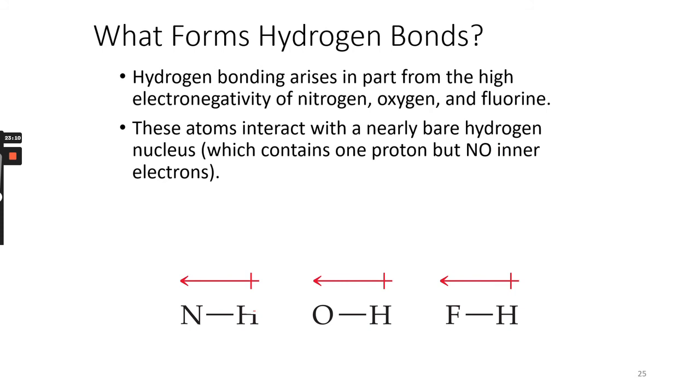So you see here, your electron is going to spend a lot of time around your electronegative element. I always like to illustrate it like this: imagine your electron traveling. It's spending most of its time here, so it is negative a lot of the time, maybe 90% of the time. So that's why you get a very strong dipole, and that's why they're attracted to each other so strongly.